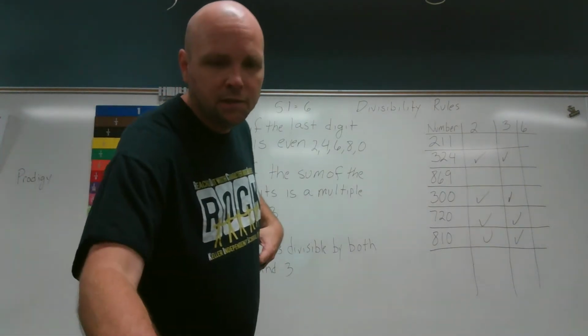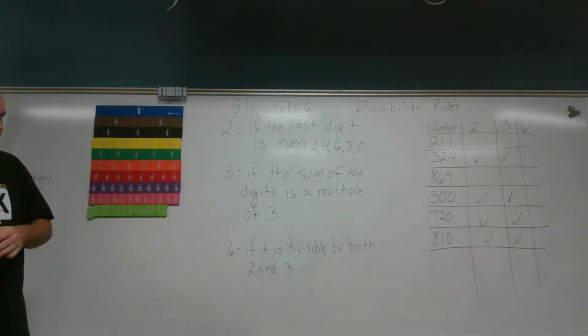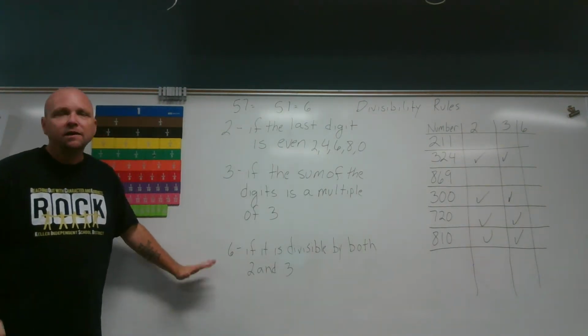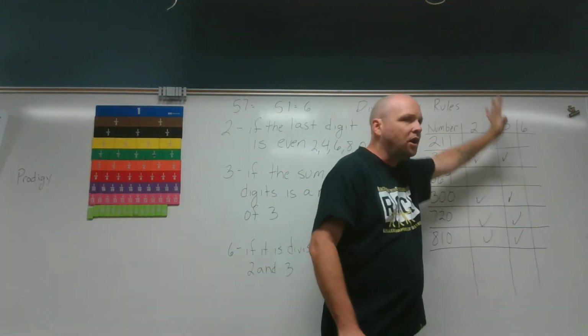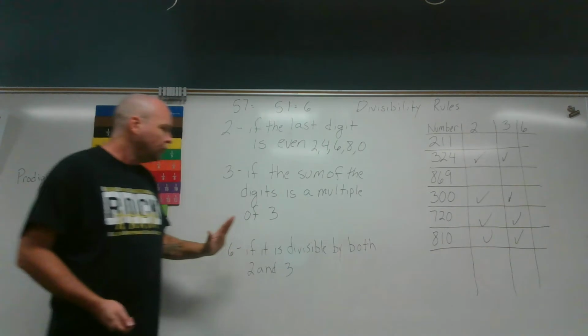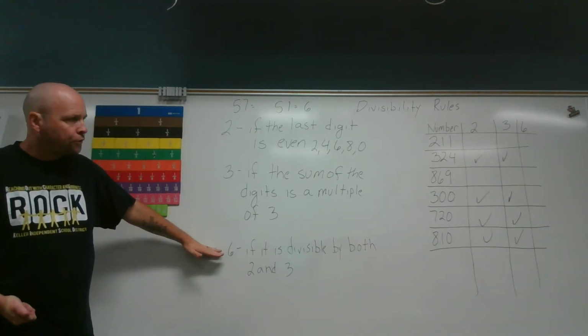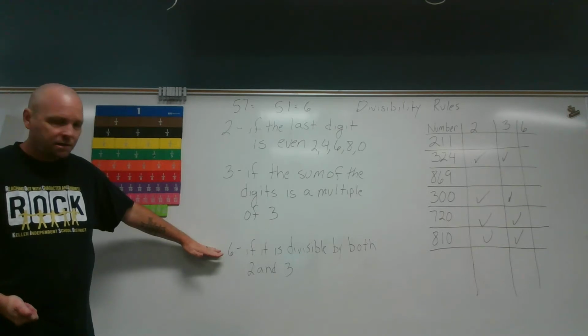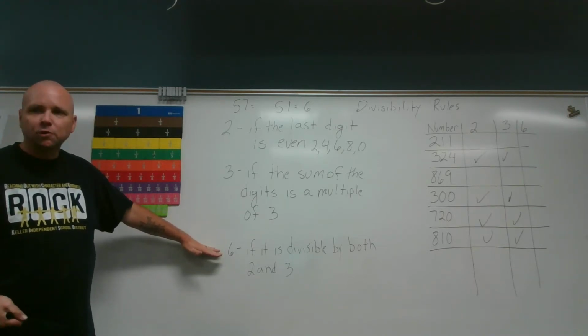Awesome sauce. The rule for 6. The reason why on that assignment you should just go one column at a time is the rule for 6: if it is divisible by both 2 and 3, it's divisible by 6. So this one's real easy.